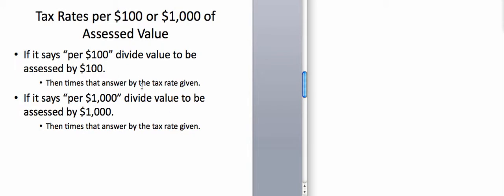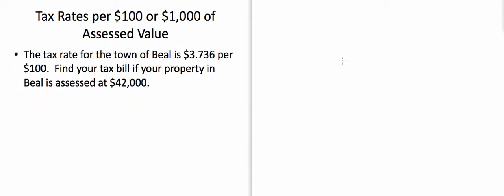Okay, so what we have here is the rate. It says per 100. Here's the value to be assessed. So when it says per 100 or per 1,000, we're going to take 42,000. We're going to divide by, in this case, 100. And when we do that, we should get an answer of 420.